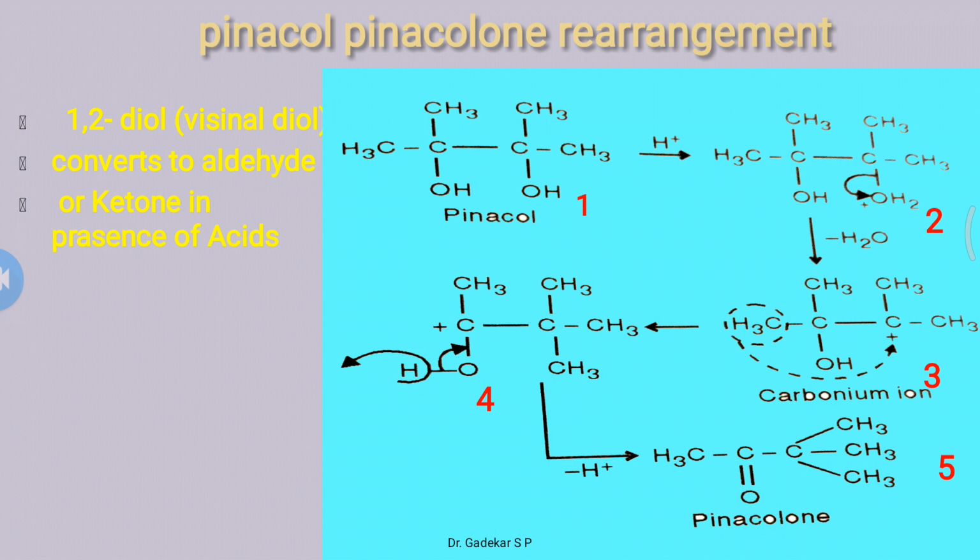First, the diol reacts with mineral acid to form the second compound, an oxonium ion. Then a water molecule is lost to form a carbocation, the third compound, and a methyl group migrates to this cation to form the fourth molecule. This migration of the methyl group, or different alkyl groups if present, depends on the migratory aptitude.